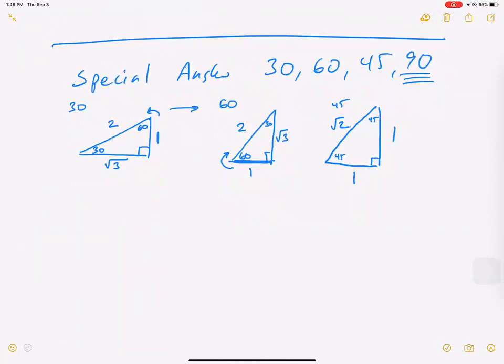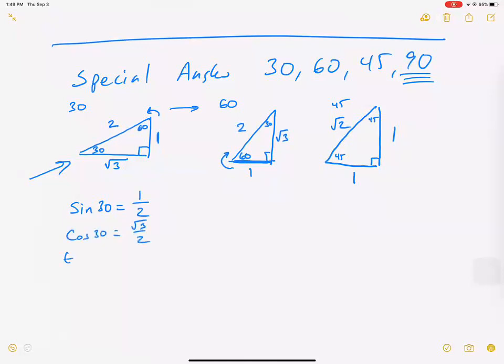So I'm going to ask you this question. What is the sine of 30 degrees? Looking at this triangle, what would the sine be? The sine is opposite over hypotenuse. What is the cosine of 30 degrees? That's square root of 3 over 2.